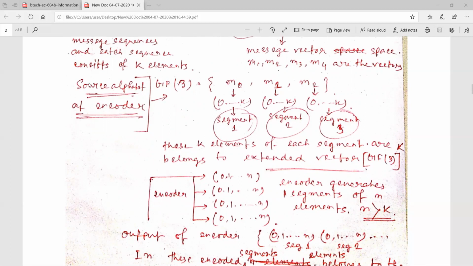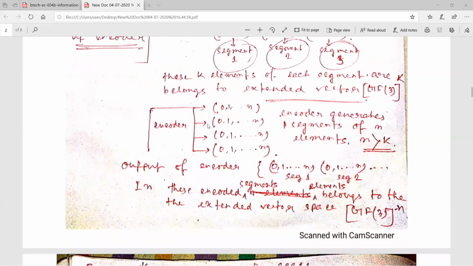I'm repeating again, the source alphabet at the encoder is GF3, and these are m0, m1 and m2, the vectors, each individually consisting of k number of bits, belonging to the extended vector space GF3 to the power k.